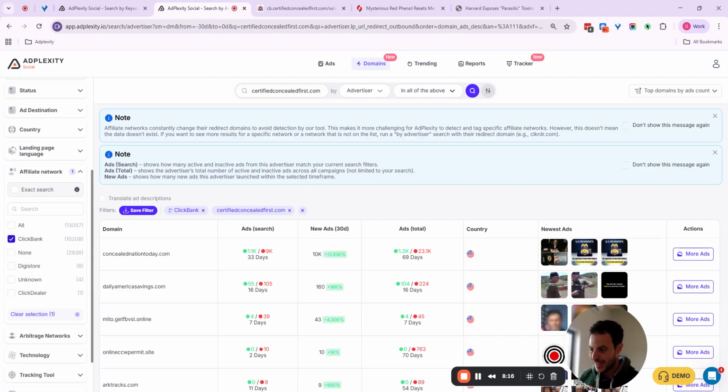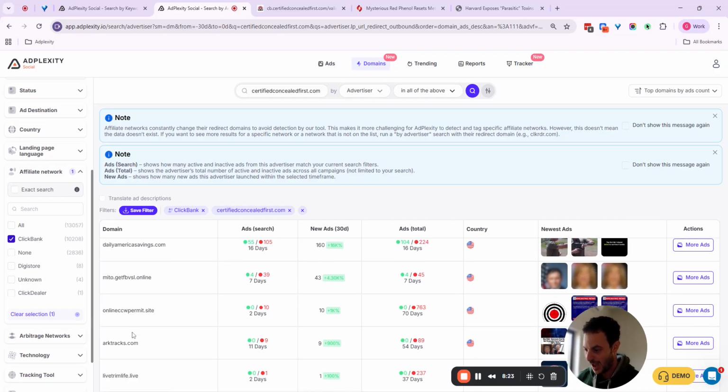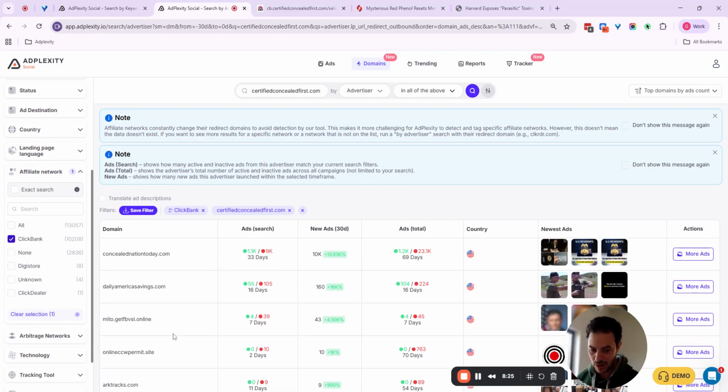So this affiliate is the one sending the most traffic to this specific offer. As you can see, nobody's sending traffic directly to the offer. And the one that comes after this one is way behind in terms of number of ads. We're talking about 1.9 thousand ads in the last 30 days, which is a significant number, versus 55 coming next.